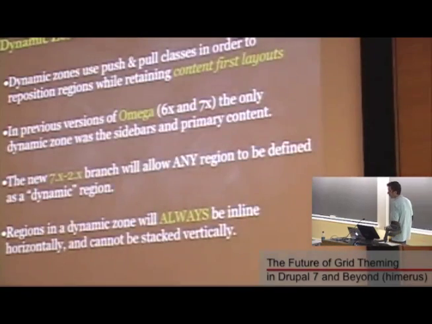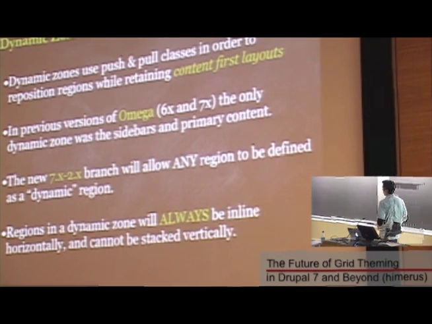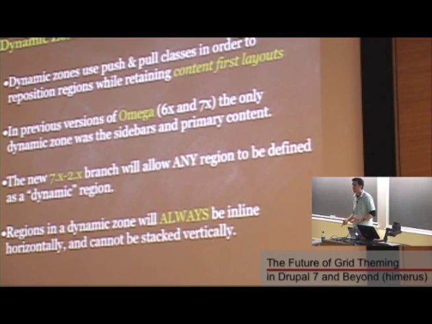Dynamic zones. As I didn't try to get into the definition a moment ago, in the grid system, traditionally these were applied to your two sidebars and your content. On a certain section of your site, you may have no block showing up in a sidebar. Well, you don't want an empty space there.